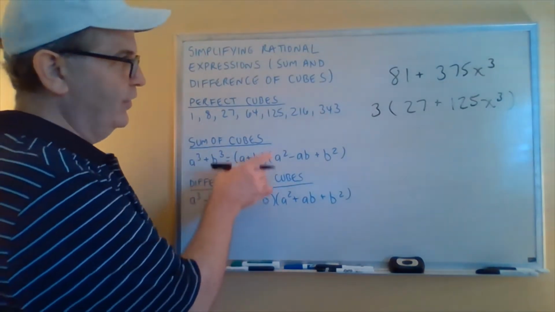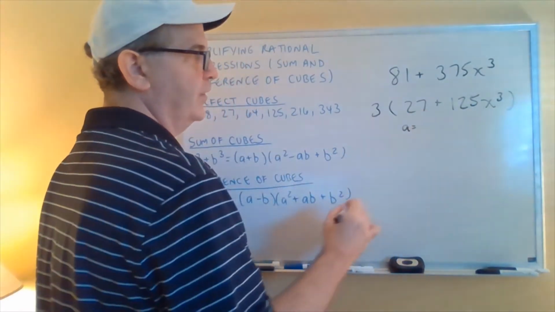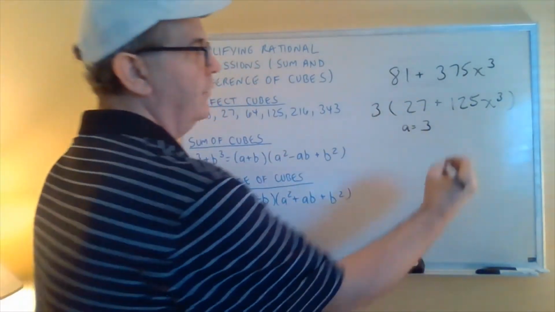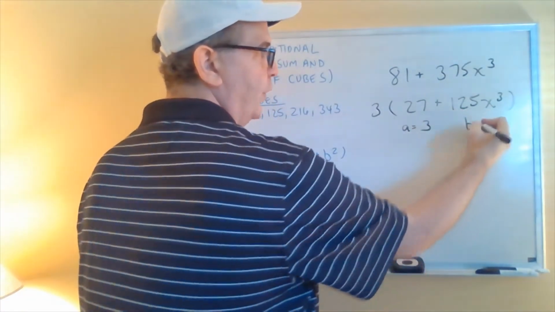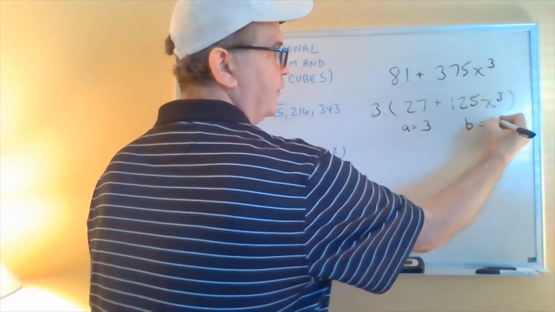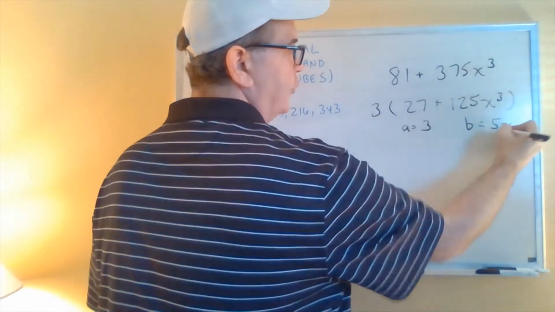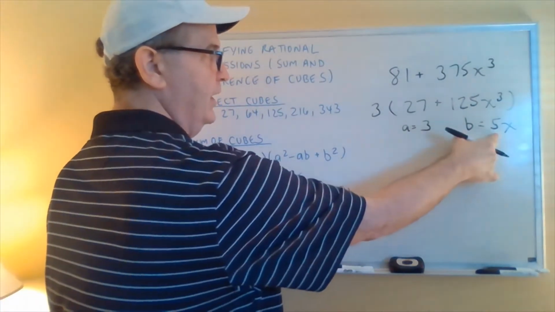So now we have to identify what a and b are. A is going to be what we cube to get to 27, and that's 3. 3 cubed equals 27. We have to identify what our b is. What do we cube to get 125x cubed? Well, let's look at our number first. We cube 5 to get to 125, and of course we cube x to get to x cubed.